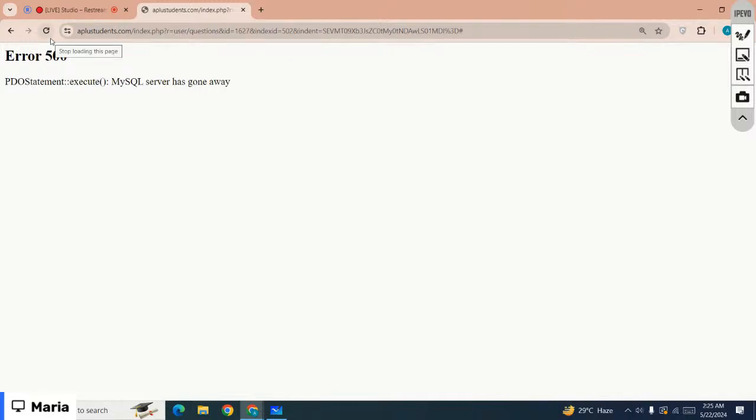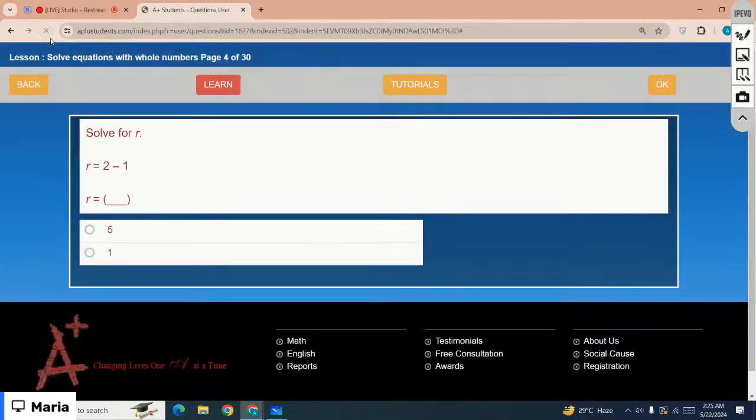What is this error? Hold on. Okay, solve for r. That's, I think, the same one we just did. So r equals 1.